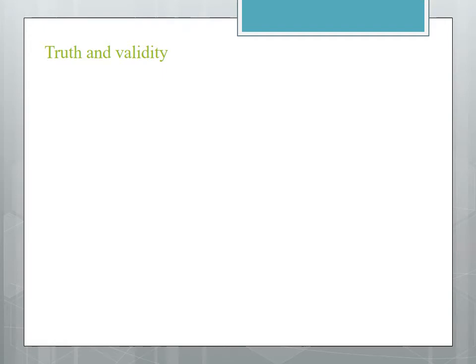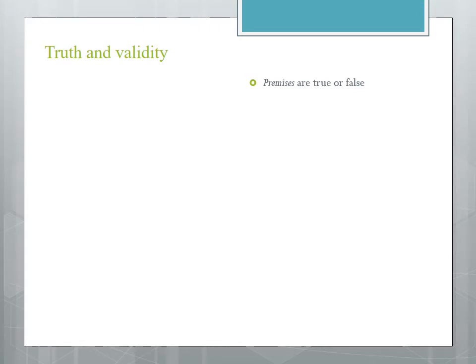One of these ways in which arguments might go wrong concerns the plausibility or truth of the premises within the argument. So premises might be true or false. An argument that relies on false premises shouldn't convince us of the truth of its conclusion.